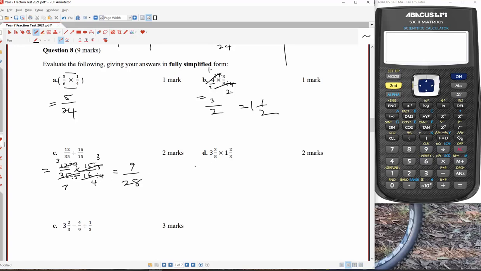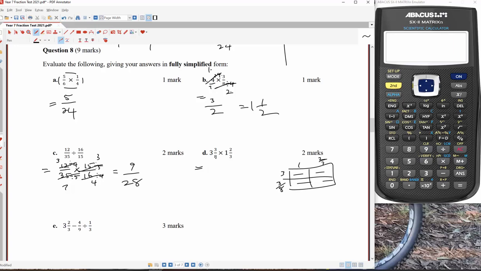Now this one here, you've really got to do this one via improper fractions. Now if you want to use the mixed numbers, I suggest drawing up an array with 3 and 3/8, 1 and 2/3, then multiplying through to work out each of these and then adding the results together. But much easier if you do the conversion.